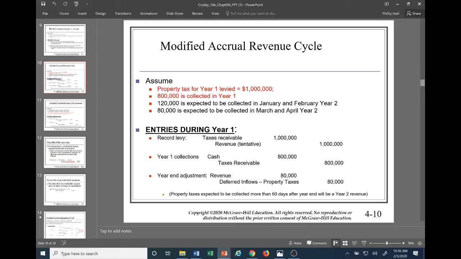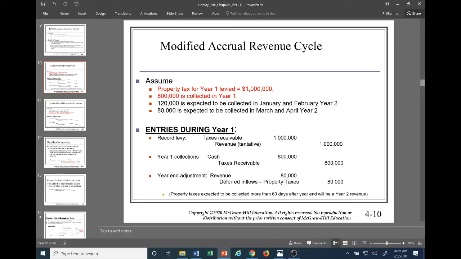So this year-end adjustment is all about moving $80,000 of what we already accounted for as revenue, with the original credit. A credit to revenue is an original credit, right? We've accounted for all $1 million, but we know $80,000 of it is not going to be current. It's going to be deferred.